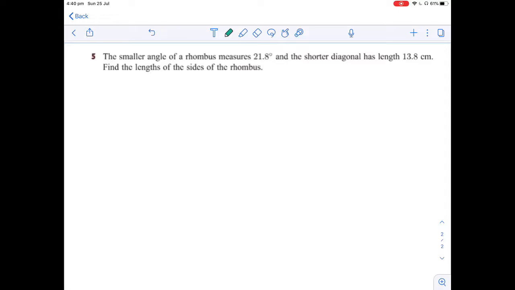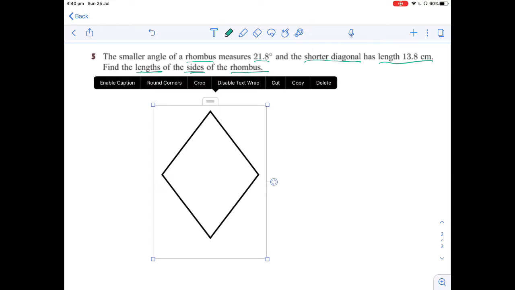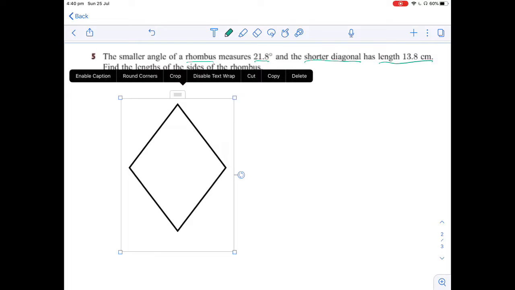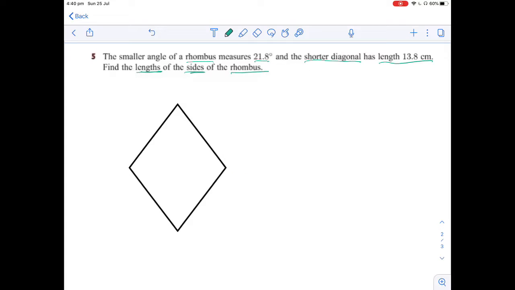So here's a question now that you guys could try yourselves that's similar to question 4. So it says a smaller angle of a rhombus measures 21.8 degrees and the shorter diagonal has a length of 13.8. Find the lengths of the sides of the rhombus. So if we insert another rhombus, I'll help you guys with the diagram and then you can continue on yourselves.